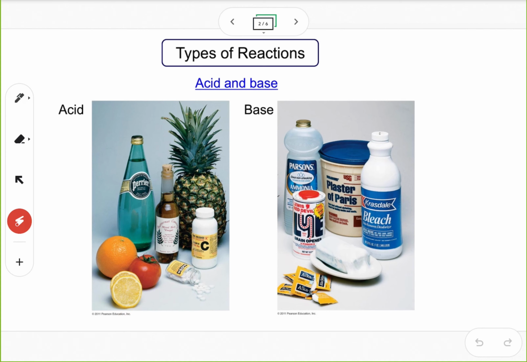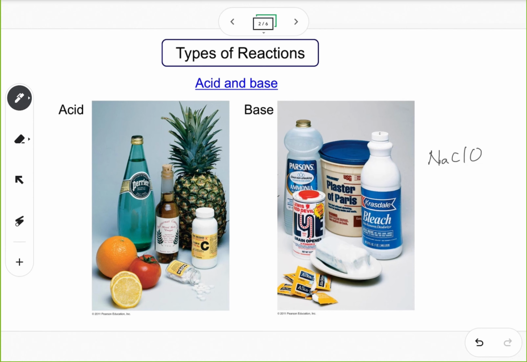Vitamin C is actually one of the weak acids, and you can see the vinegar, the kind of stuff used in the kitchen.